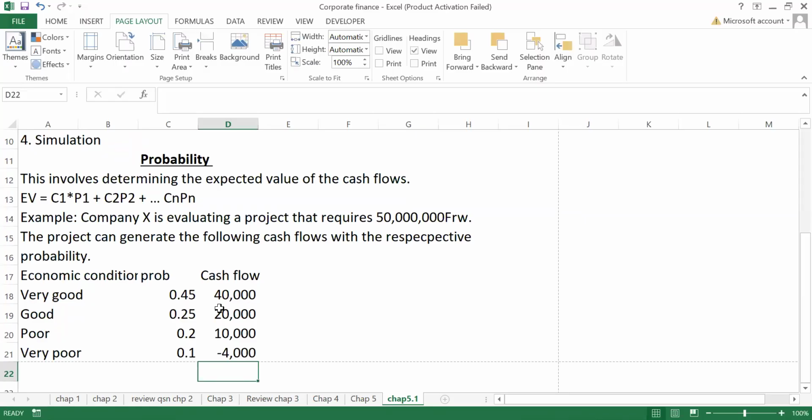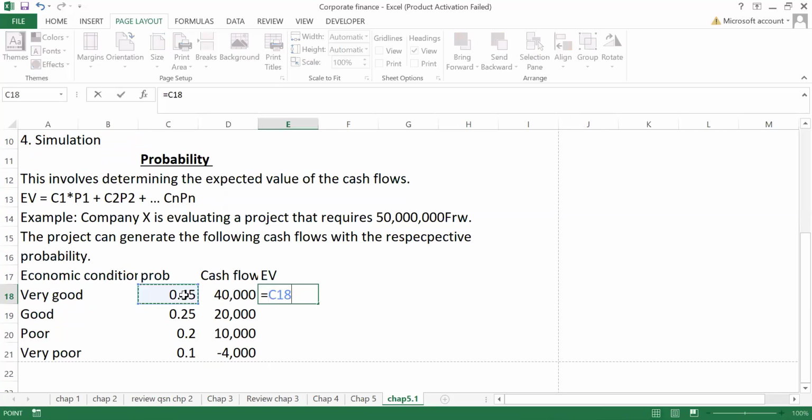So now the required will be to evaluate the project, whether the project should be taken. Now, as we said, to get our expected value, we get the probability times the expected cash flows.